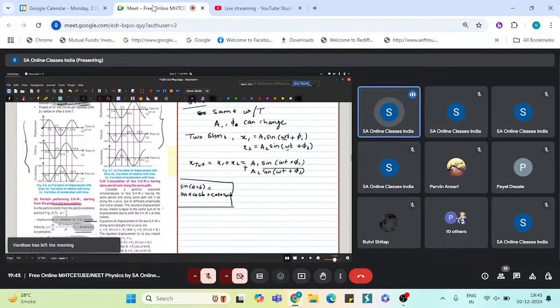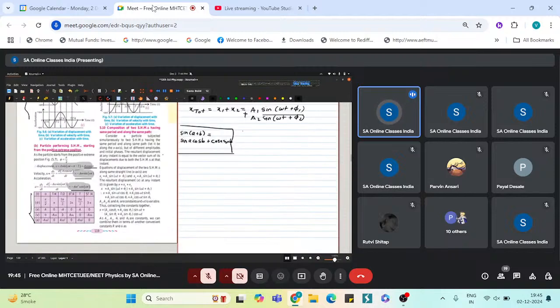And using that, we can write x total is equal to A1 (sin omega t cos phi 1 plus cos omega t sin phi 1). And then similarly for the second term, A2 (sin omega t cos phi 2 plus cos omega t sin phi 2).